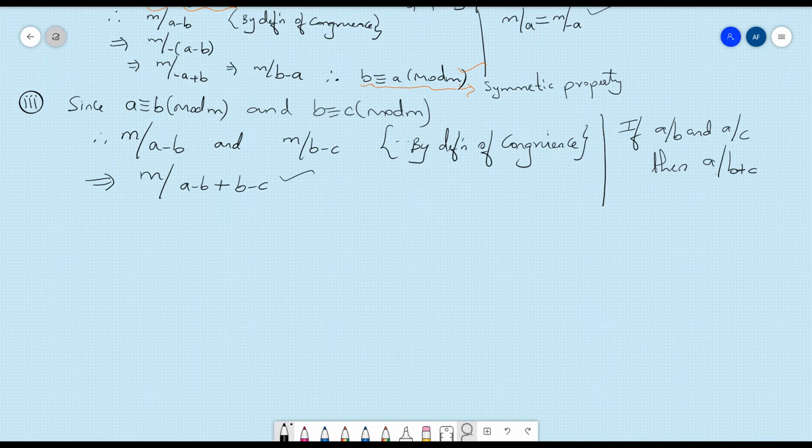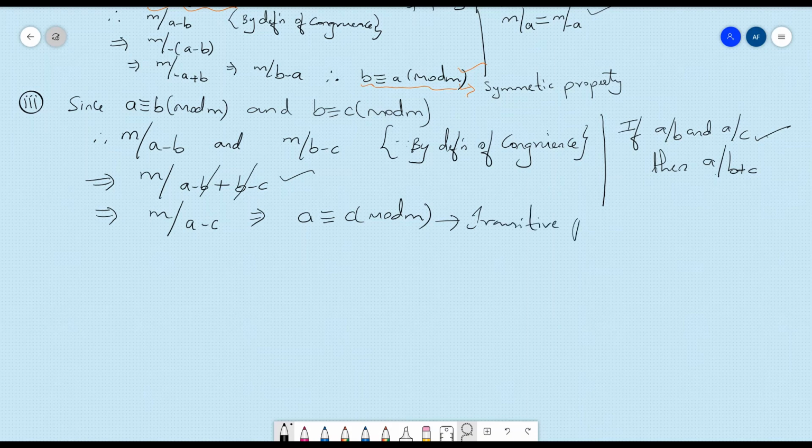So that implies M divides, B and minus B cancel, so it is A minus C. Then by the definition of congruence, again I can write this as A is congruent to C mod M.